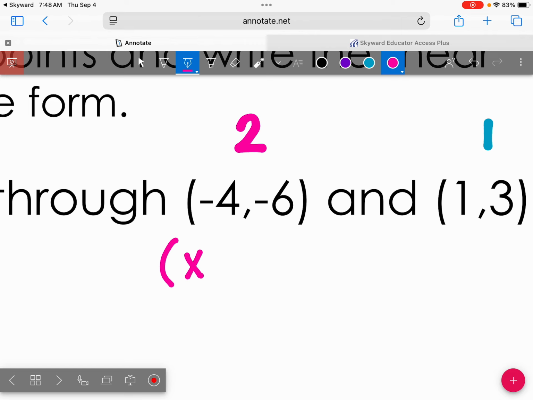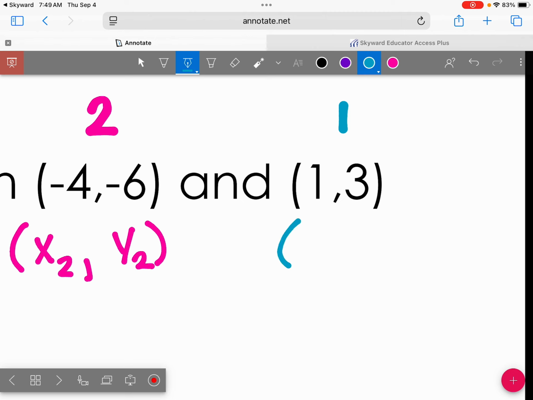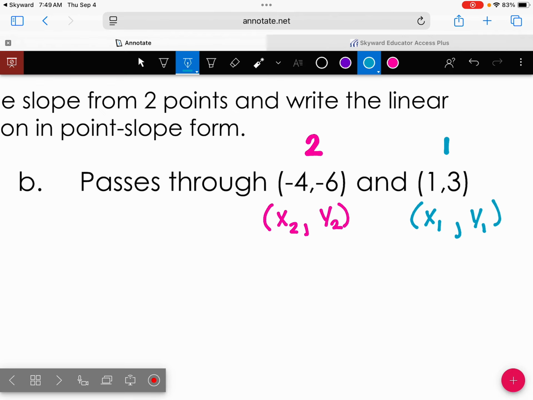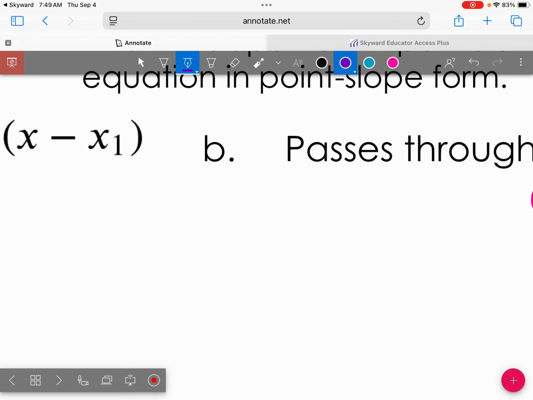So this is going to be my x2 and my y2, and this is x1 and y1. Labeling things never hurts. It can only help us keep organized and not lose track of stuff. But brains like to make fun choices sometimes, and that's okay. Mistakes happen.